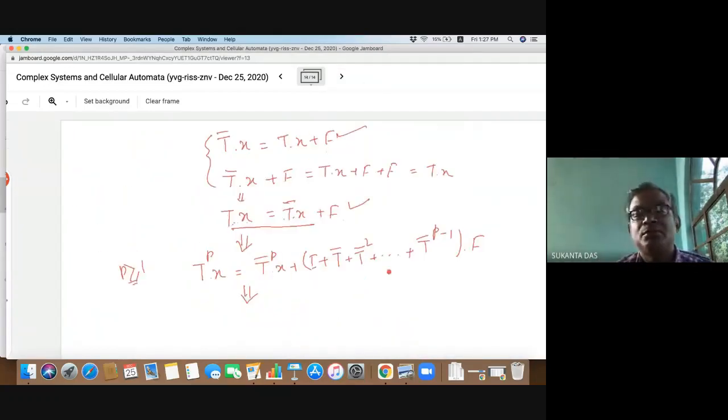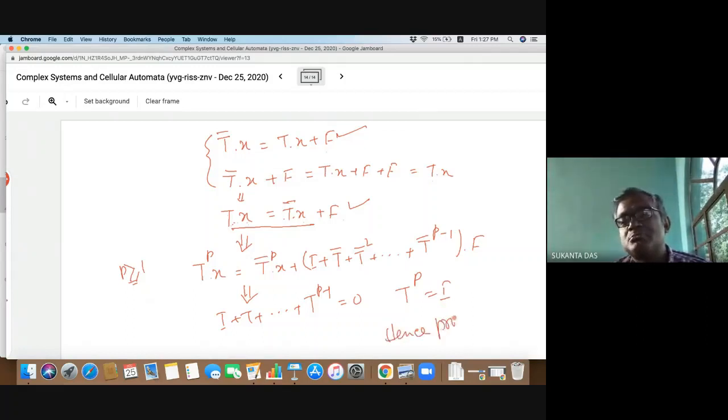So what I get is (I + T) to the power p minus 1 equal to 0, and similarly we can show that T to the power p equal to I. So hence the proof.